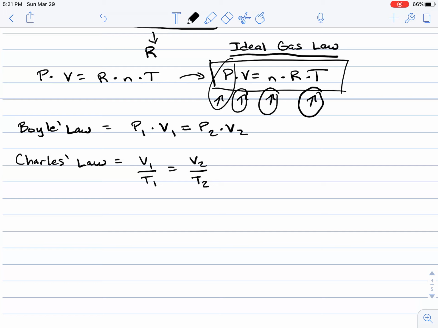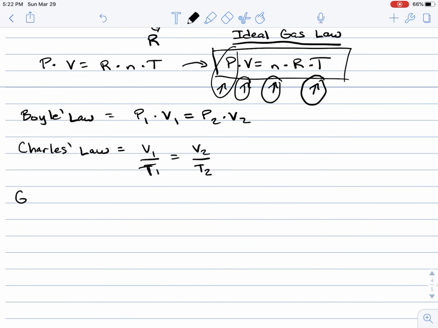Boyle's law, P1 times V1 equals P2 times V2, allows us to determine how pressure or volume is affected by a change in the other. Charles' law allows us to determine changes in volume based on changes in temperature.